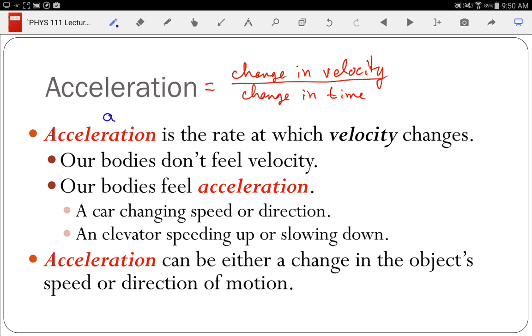Acceleration has direction because velocity has direction. So I'm going to put the arrow over the top to indicate that I'm putting the vector acceleration is equal to, what did we use to write change in? Delta. So I'm going to put on top a delta and on bottom a delta because I have a change in on both top and bottom.